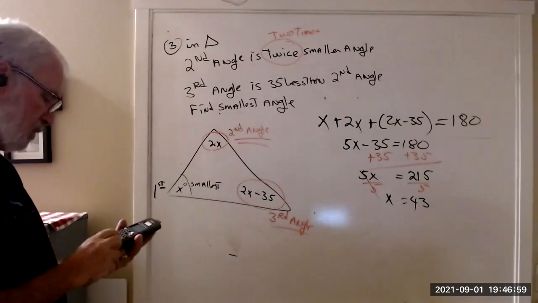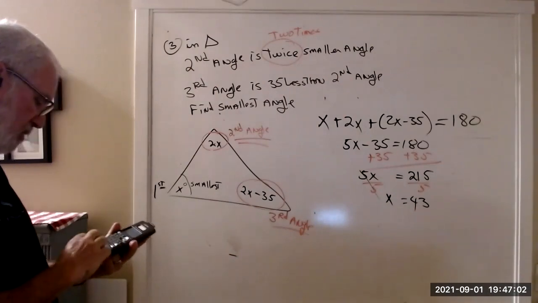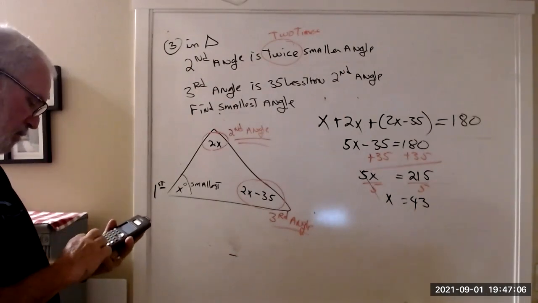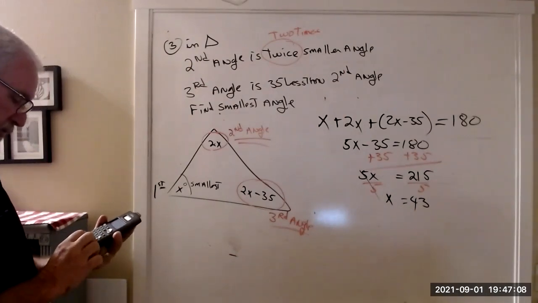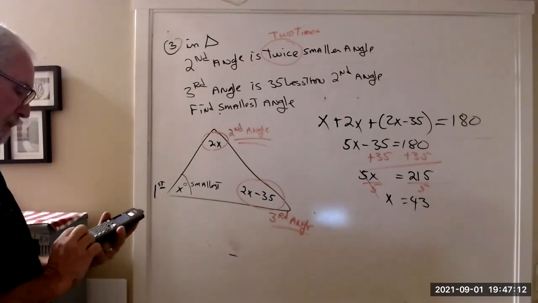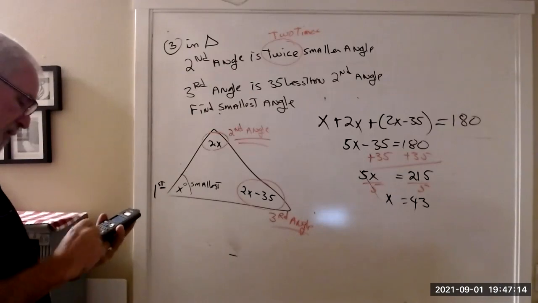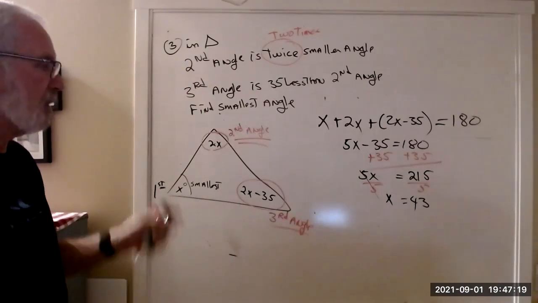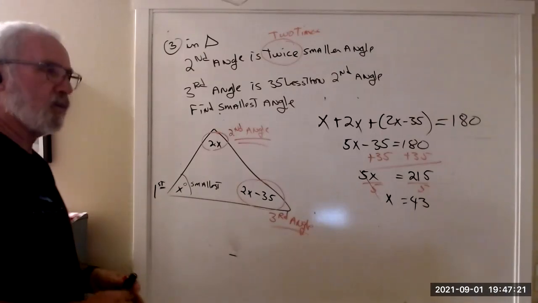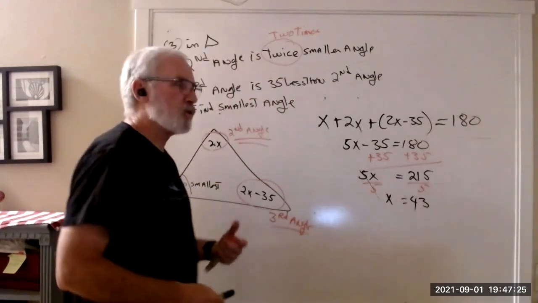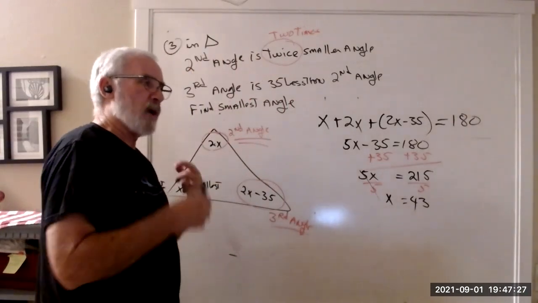Okay, 180 plus 35, 215 divided by 5. 43.